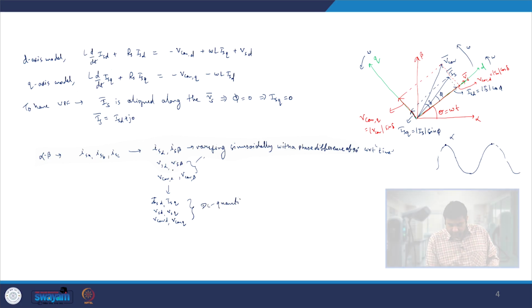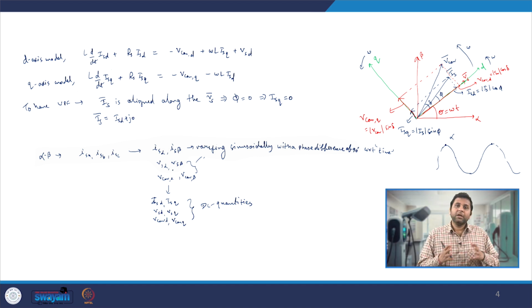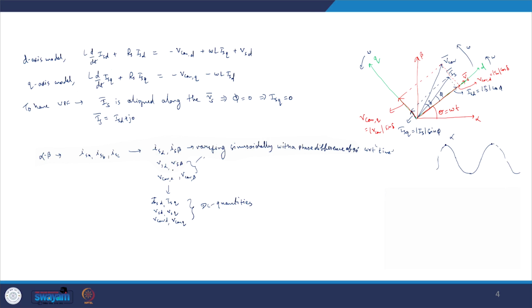So what we have done is, from 3-phase dependent quantities we converted into 2-phase independent quantities which are also varying sinusoidally with respect to time, and then from those two mutually independent phase quantities we have converted into dq quantities which are DC quantities. Now since they are DC quantities, we can easily implement the closed loop control and use controllers like conventional PI controllers, conventional proportional integral controllers.